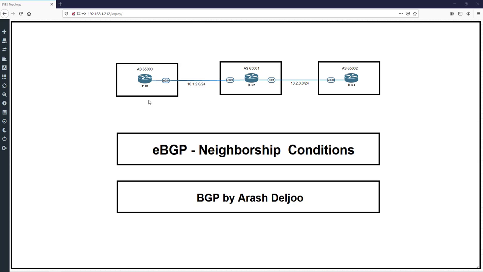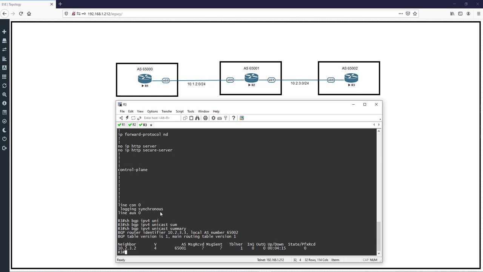Because of that, the highest IP address of a non-loopback interface should be selected as the router ID. In R1, the highest IP address of a non-loopback interface is the IP address of Eth0/0, and that is 10.1.2.1. We can check it. Look at here. In R1, in show bgp ipv4 unicast summary, the first line is BGP router identifier 10.1.2.1.